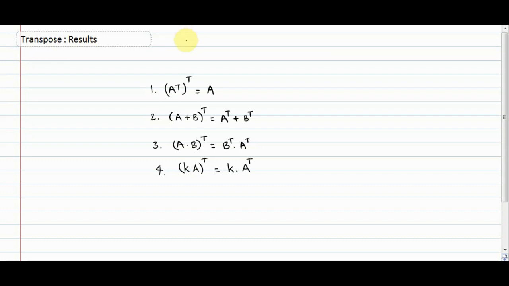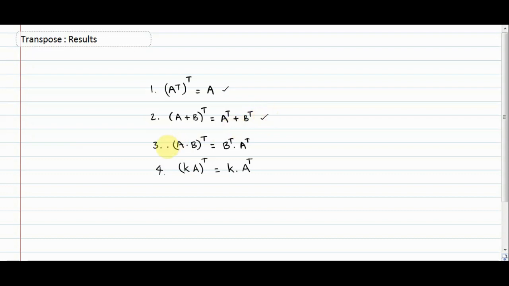Now let's look into a few results related to the transpose of a matrix. First one, A transpose whole transpose is equal to A. That is, if you find the transpose of a transpose, then you will get the original matrix A itself. Okay. Now second one, A plus B whole transpose is equal to A transpose plus B transpose.